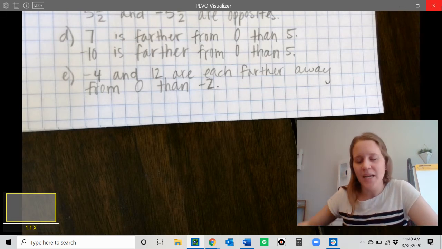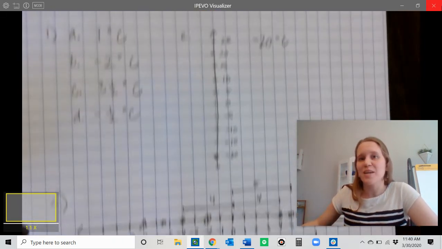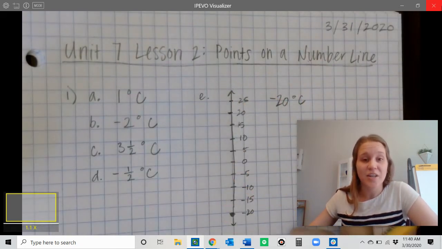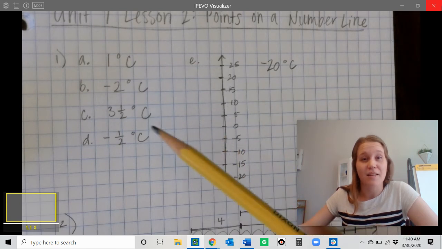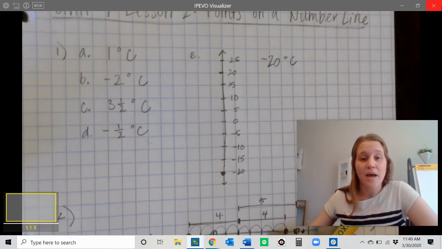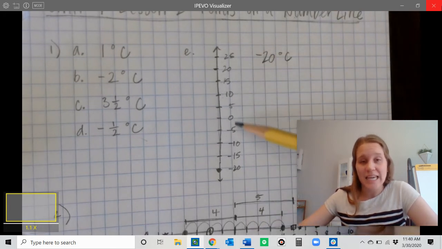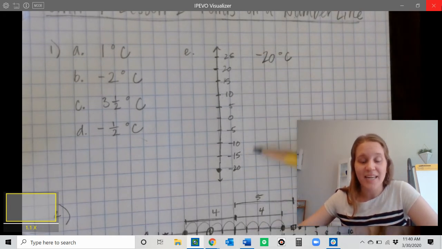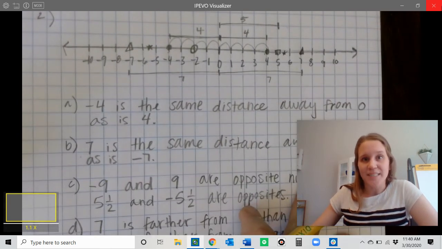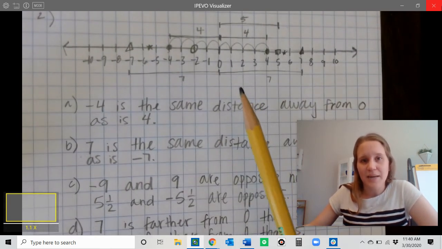There we have it. So today, what have we done? We have looked at points on a number line. We have looked at temperatures, including some temperatures that fell between those integers, so like -1/2. We have looked at filling in the gaps on a number line, including into our negative numbers. And we have studied opposite numbers, especially on a number line.